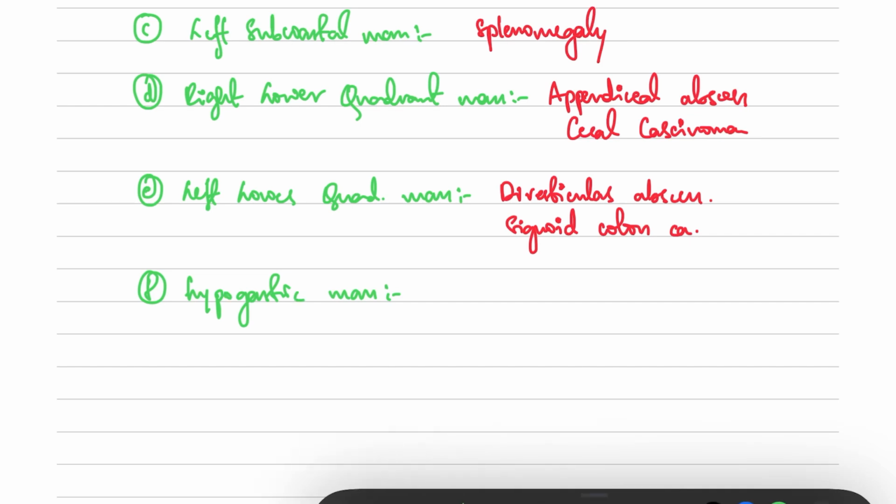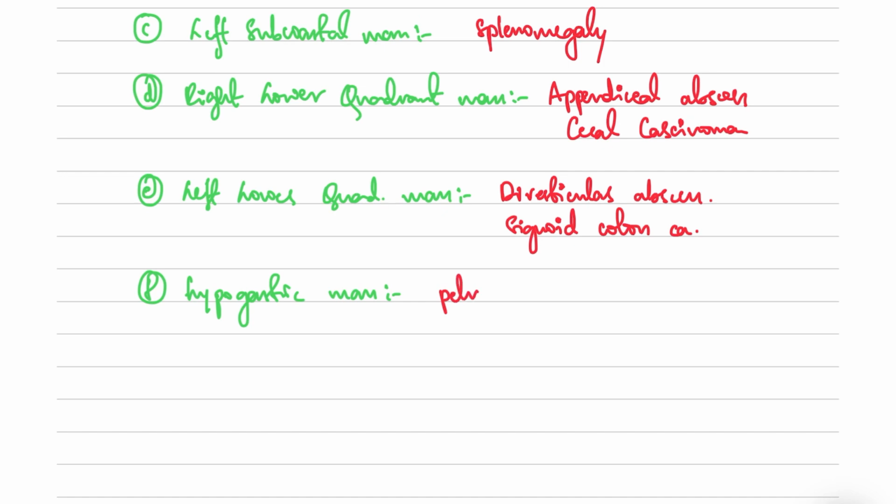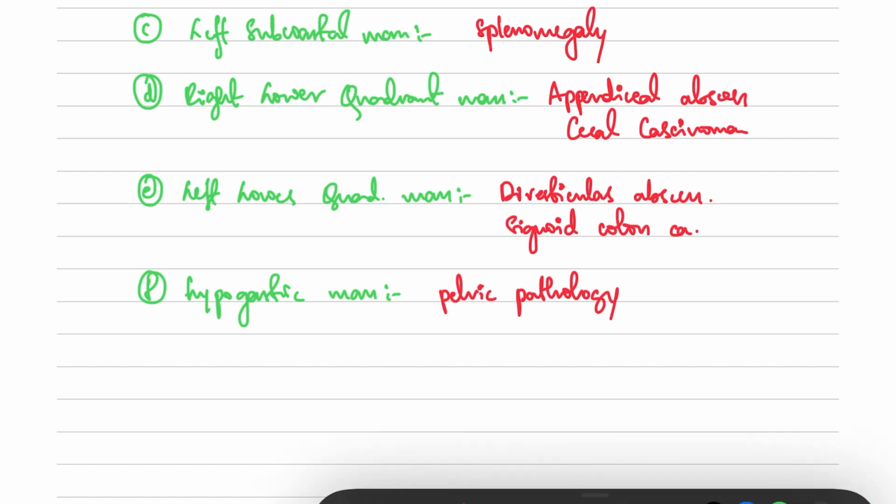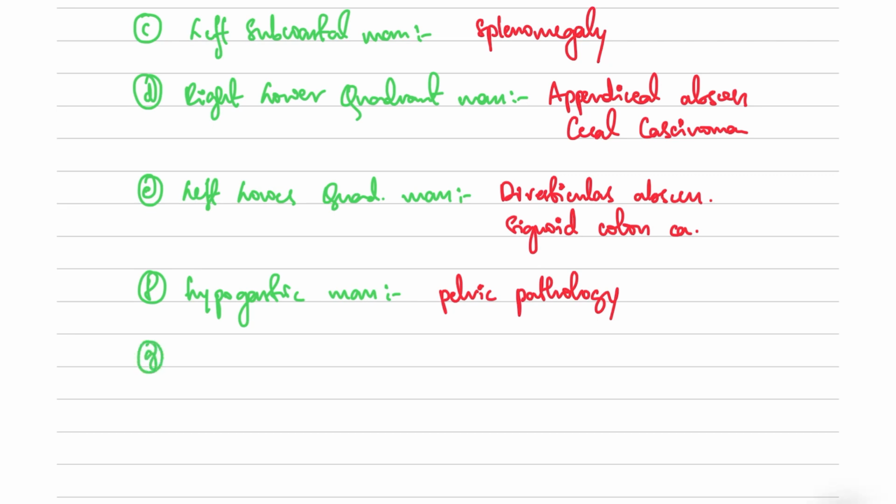What does the hypogastric mass indicate? Mainly the hypogastric mass will be due to a pelvic pathology. Then what if there is a central abdominal mass? If there is a central abdominal mass, it will be majorly an aortic aneurysm.